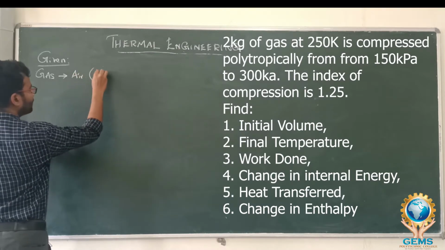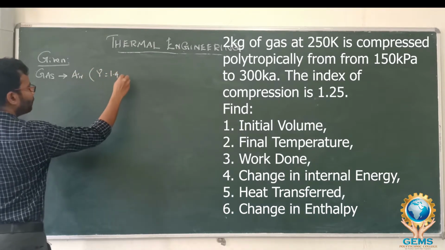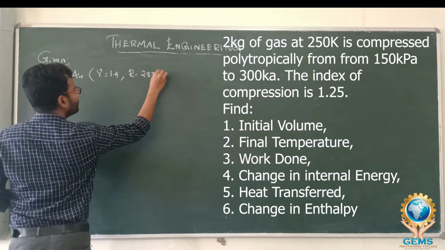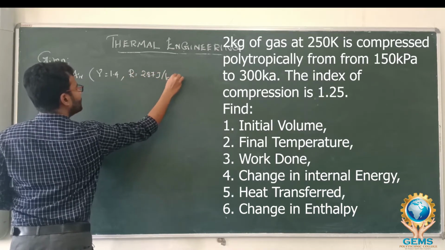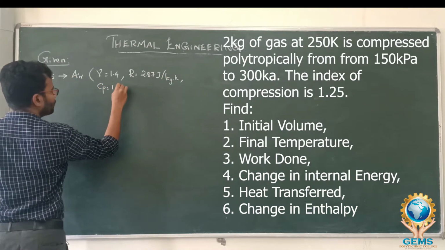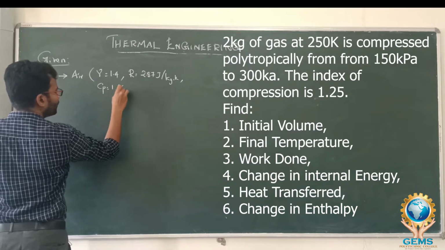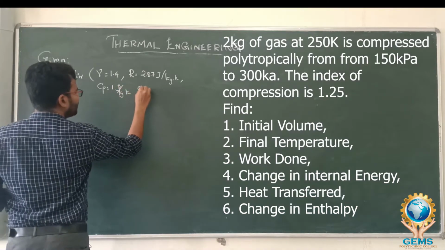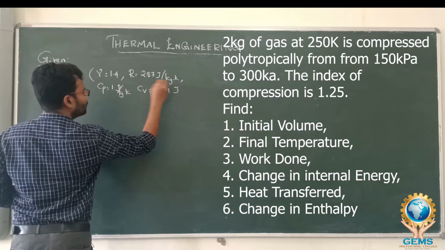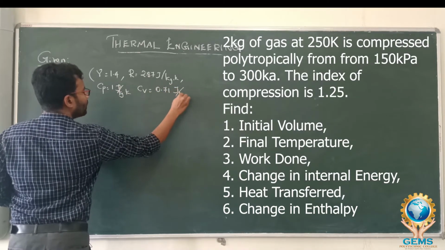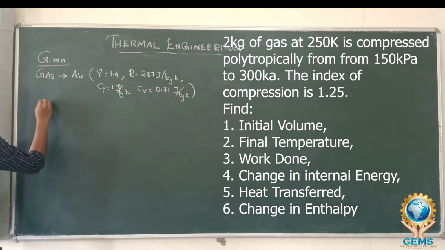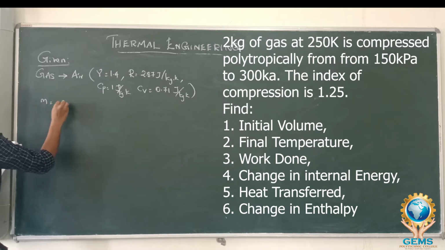And for air properties, gamma is equal to 1.4, R is equal to 287 joule per kg Kelvin, Cp will be 1 kilojoule per kg Kelvin and Cv will be 0.71 kilojoule per kg Kelvin. And what about the mass? They are mentioning 2 kg.